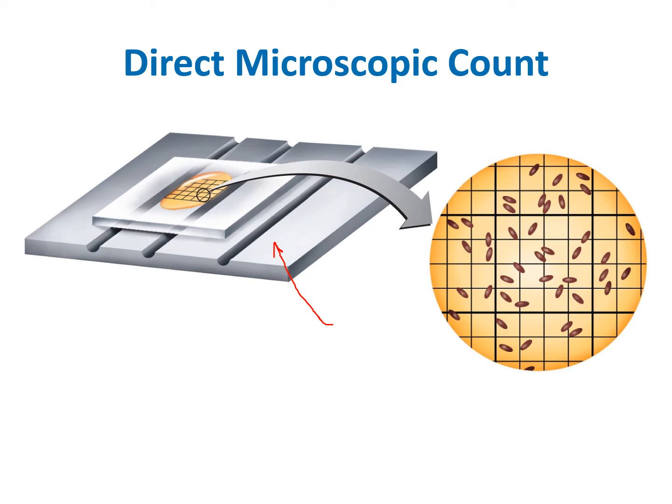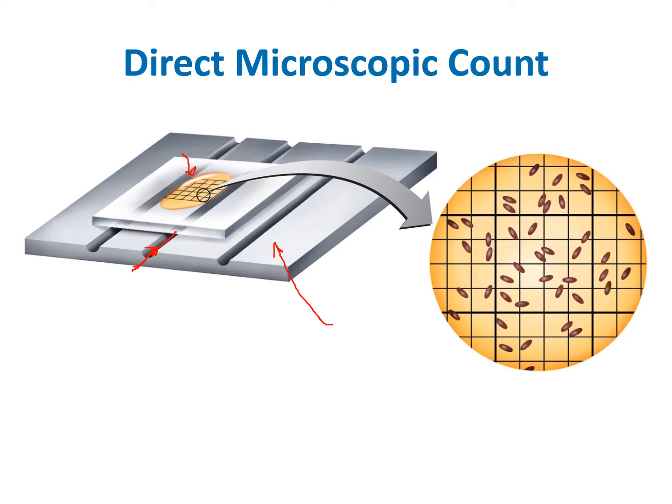Basically, this is a special slide that has troughs etched into it, and then a grid also etched onto the surface. You would place a cover slip on top of the grid, and then you add your bacterial culture to the trough using a micropipette usually. The medium would run through the trough and spread out under the cover slip.